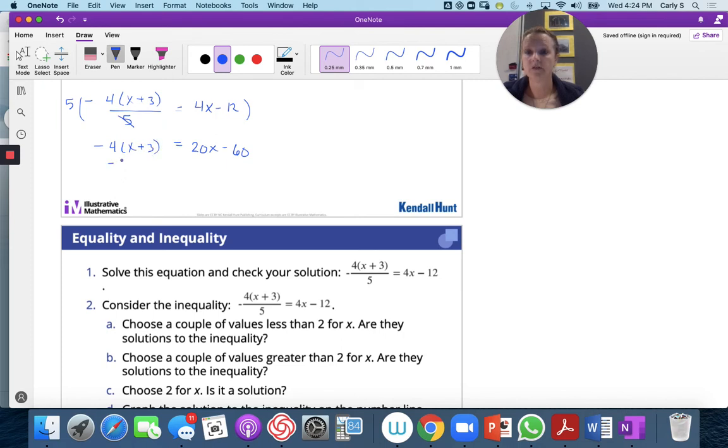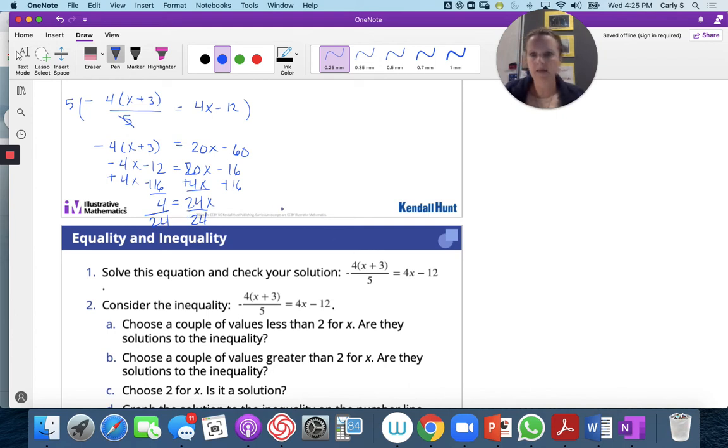Okay, now I'm going to distribute that 4. Add 4 to both sides. Add 16 to both sides. Divide both sides by 24. I think that's 1/6.